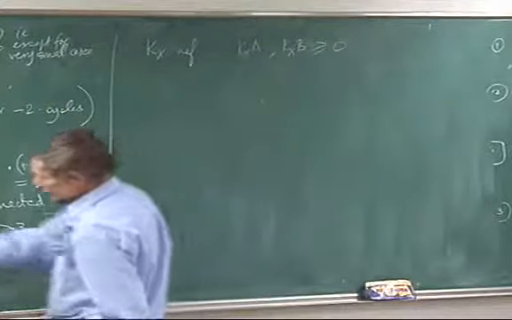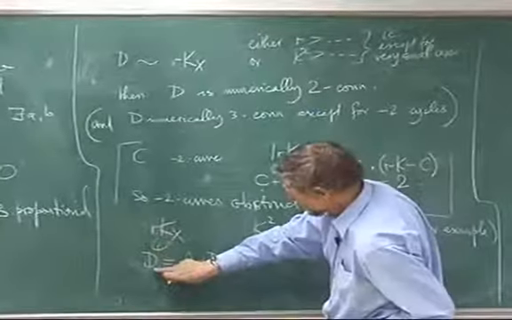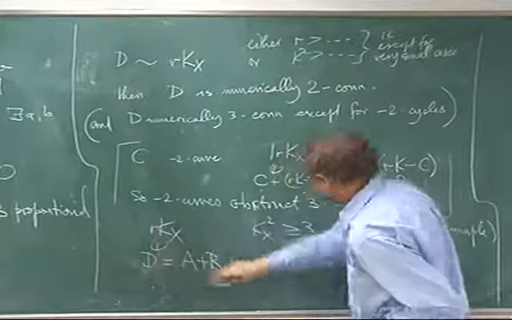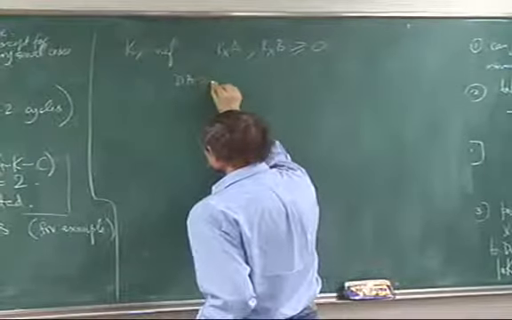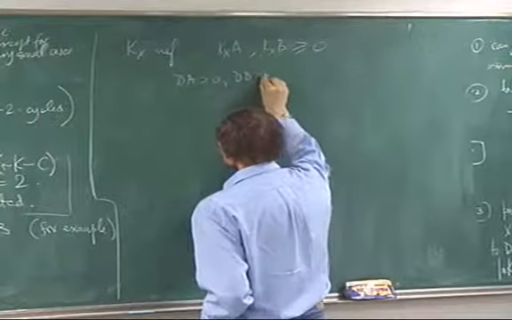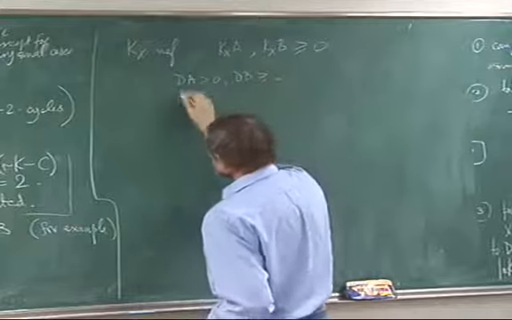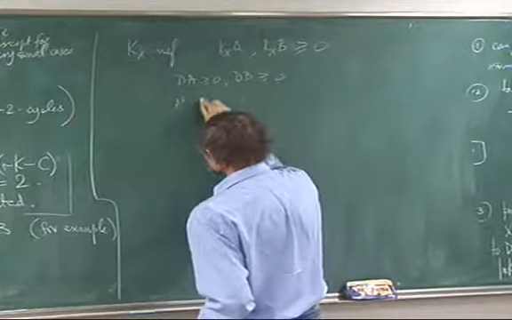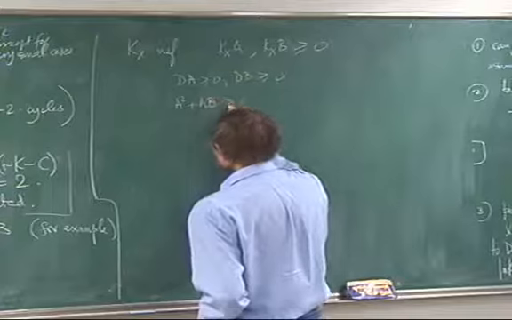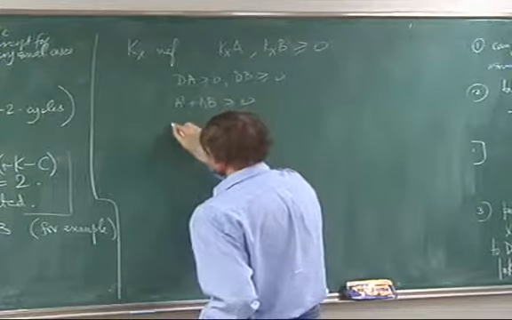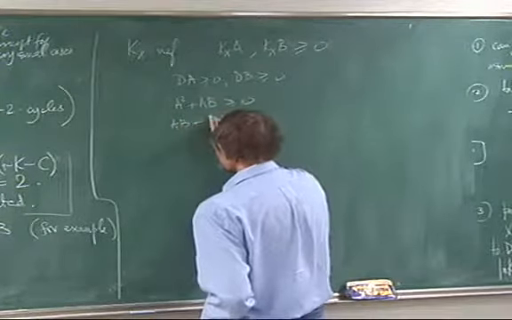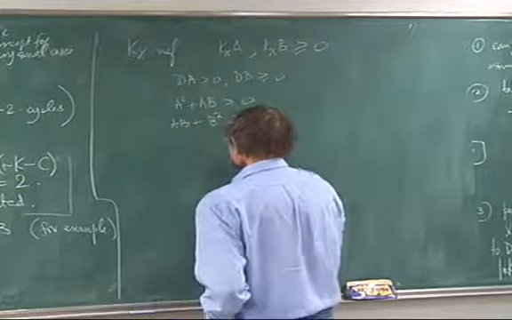What's true for Kx is also true for D, since D is just a multiple of K, and so therefore D times A is greater than or equal to 0, and D times B is greater than or equal to 0. Right? And so we just write this out. This is A squared plus AB is greater than or equal to 0, and AB plus B squared is greater than or equal to 0.